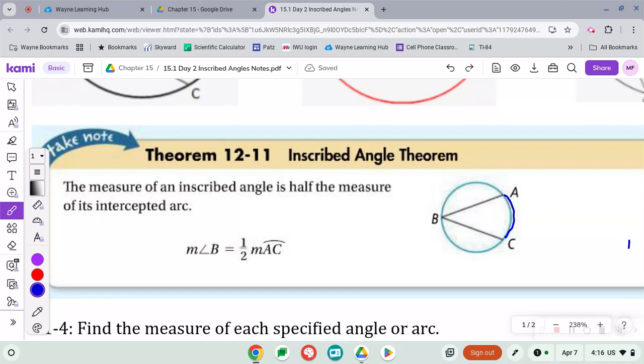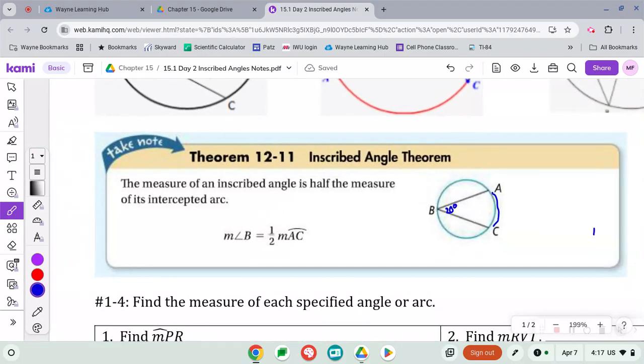In the same way, if instead that was 60 degrees, then I know that angle B is 30 degrees. Sometimes instead you might find out that angle B is 20 degrees. Well, if I want to know what arc AC is, rather than dividing by 2, I need to double it, right? It will be 40 degrees. So you always know the arc is bigger than the inscribed angle.